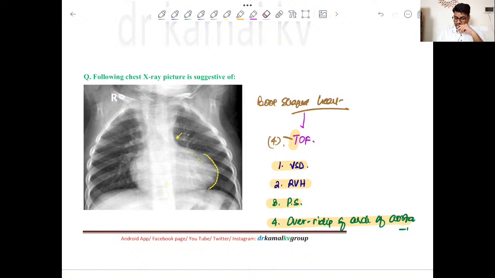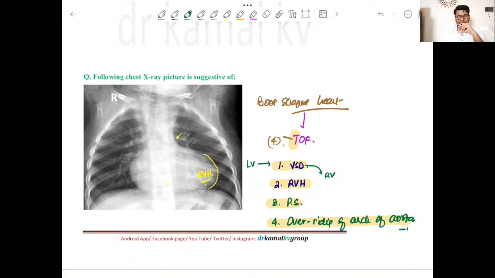Number 2, there is this boot shape. This is principally because of right ventricular hypertrophy. And why is there right ventricular hypertrophy? Because the blood is going from the left ventricle through the VSD to the right ventricle, right?